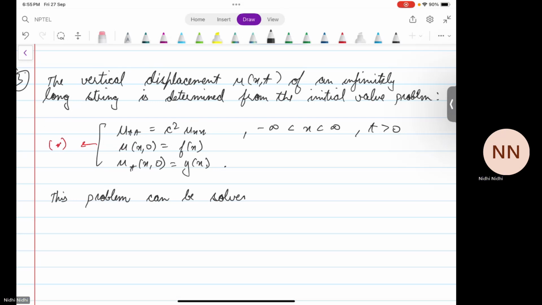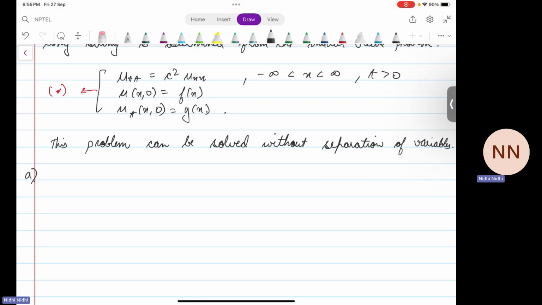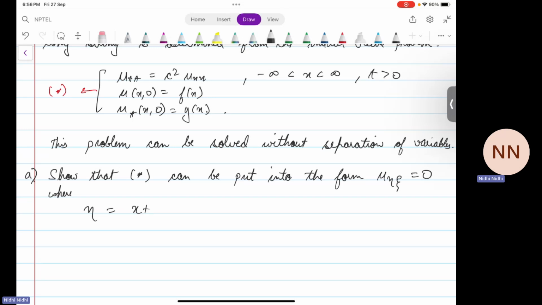Part A: show that the equation star can be put into the form u eta zeta equals 0, where eta is equal to x plus ct and zeta is equal to x minus ct.